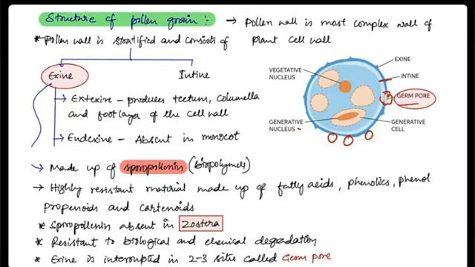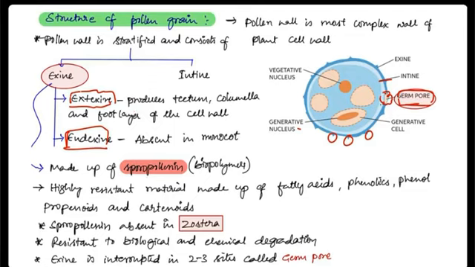So why is this germ pore important? Why is it important, germ pore? Again, there is a differentiation in case of exine. It is ectexine and endexine. You don't have to worry about it, but if you remember these things, it's well and good.